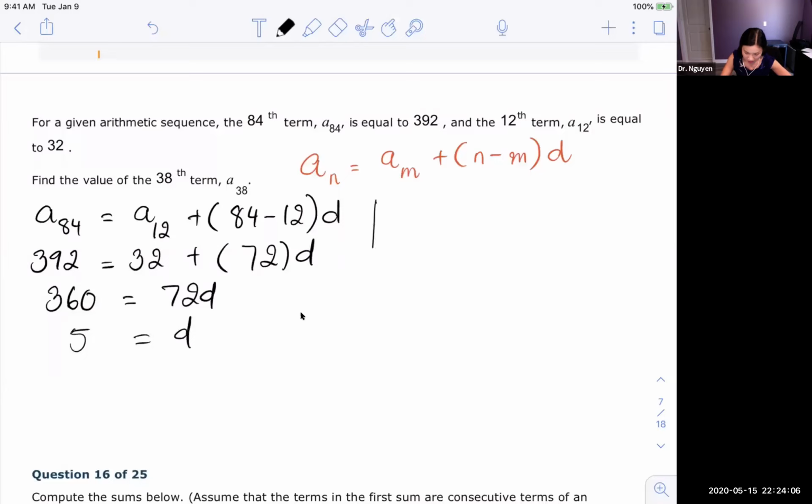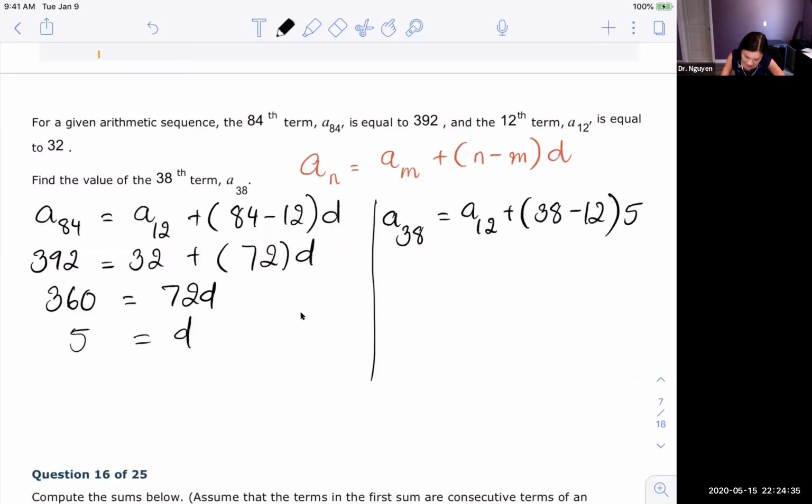Okay, and then I'm going to go back and use a_38 this time. For a_m, you can use a_84 or a_12. I'm going to use a_12 plus, and then we have n is 38 minus 12, and we now have d, which is 5, right?